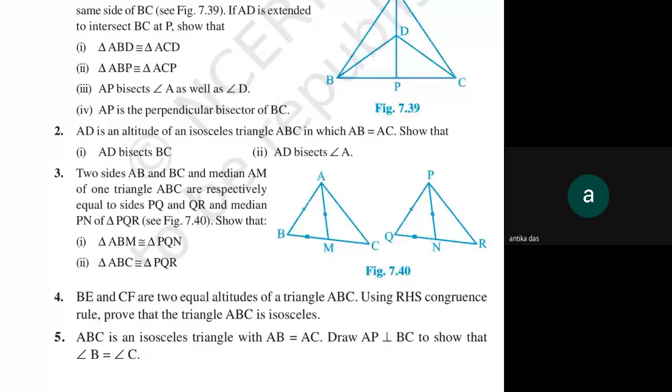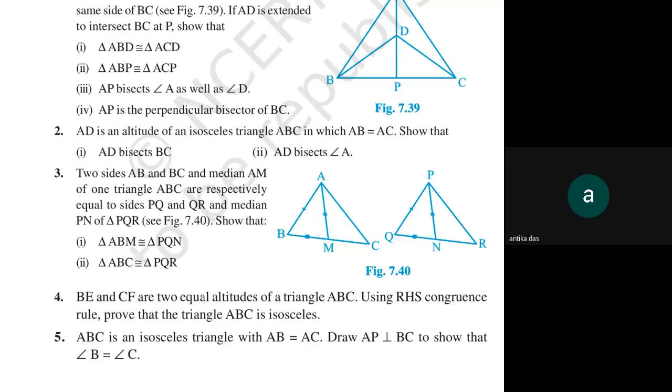Some of you said that it is height, sir. But I said a perpendicular line drawn from a vertex to its opposite side is called altitude. Very good.